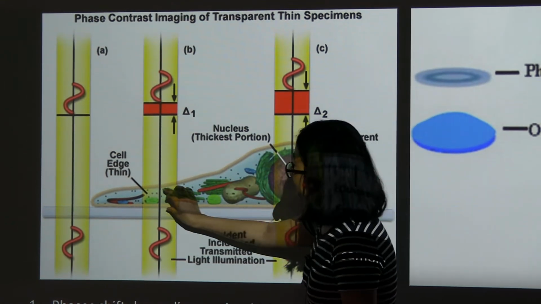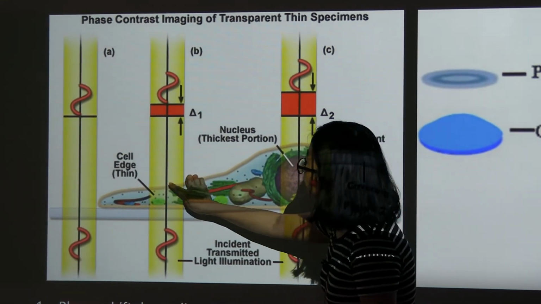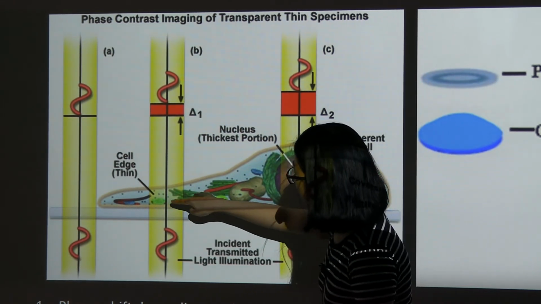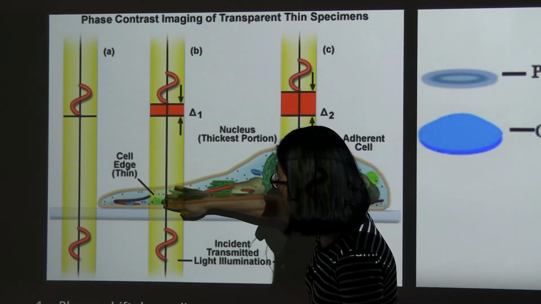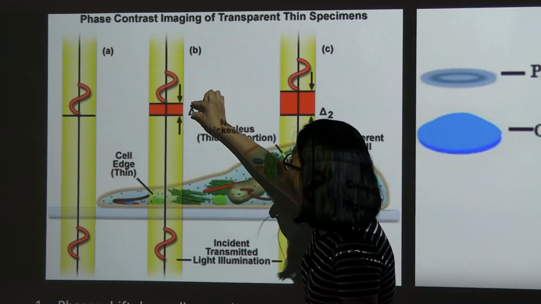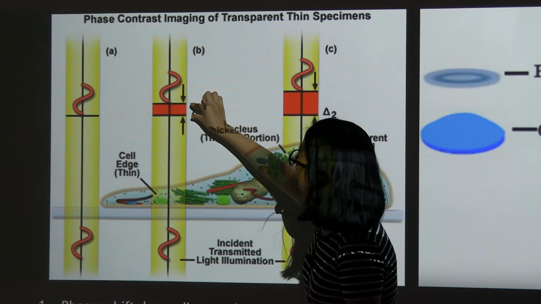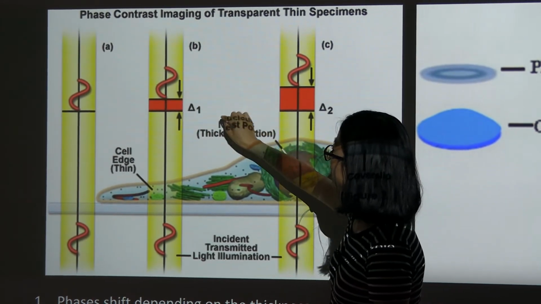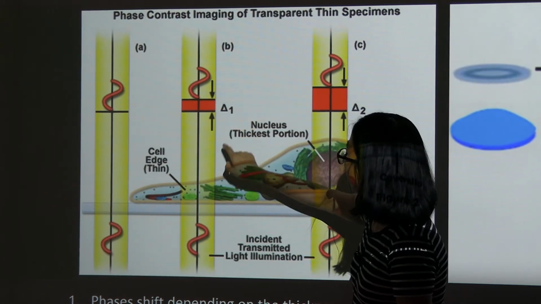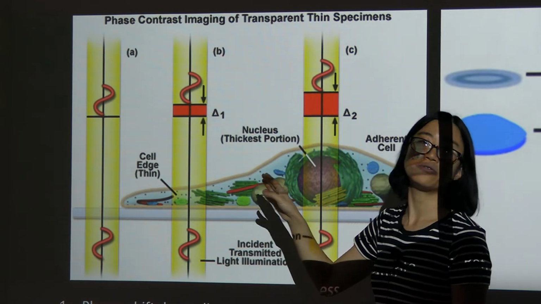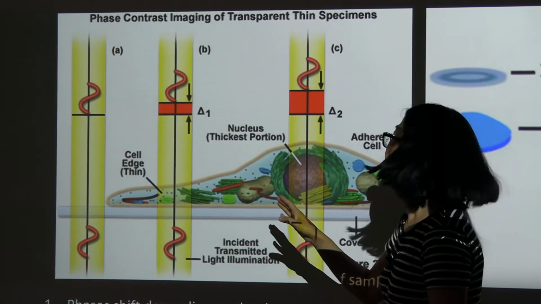But when there's a very thin sample here, the phase will be shifted or changed a little bit when the light goes through these very thin samples. You can see there's a very minimal change in the phase shift. We call it delta 1. Normally, the size of the change is 1/4 of a wavelength, so it's 90 degrees.